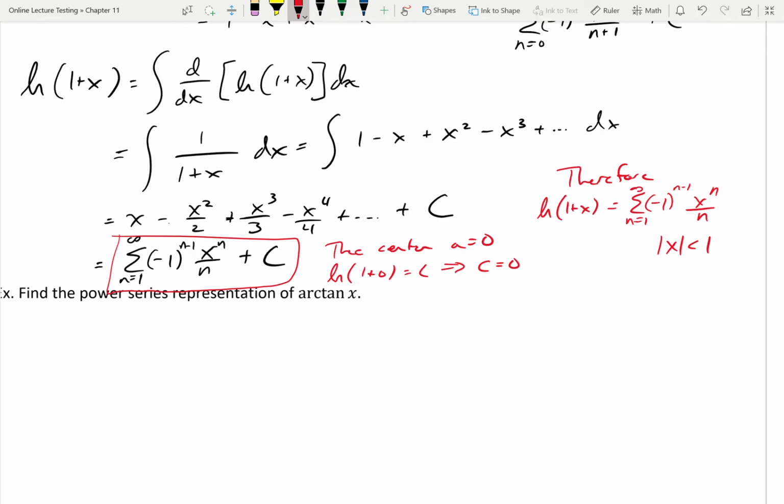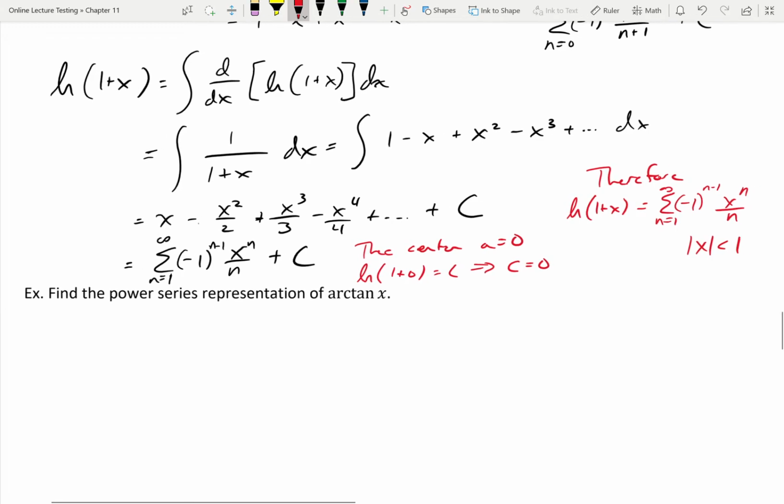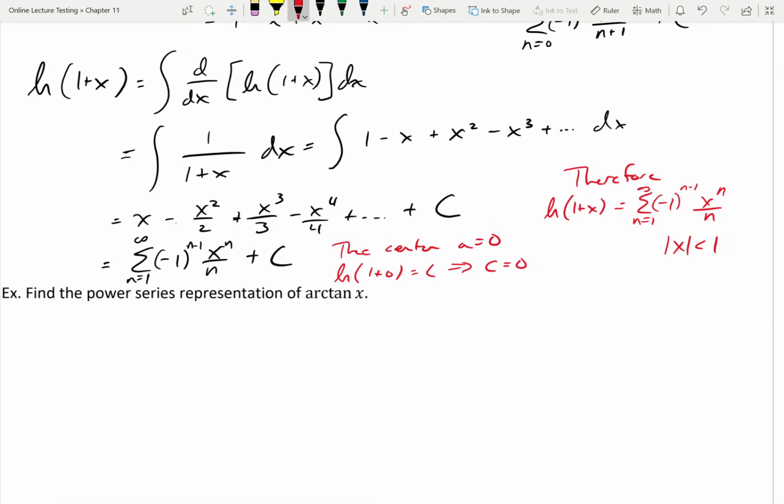Okay, so again, where I'm going with that, just to make sure that everybody's following, is I want to find out what C is. Sometimes I don't ask you that, so sometimes you'll have to find C, sometimes you won't. But notice here that the way we have set this up, the center is equal to 0. And since the center is equal to 0, I can plug in 0 because this is convergent at its center.